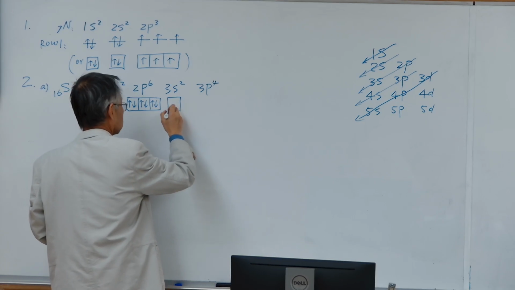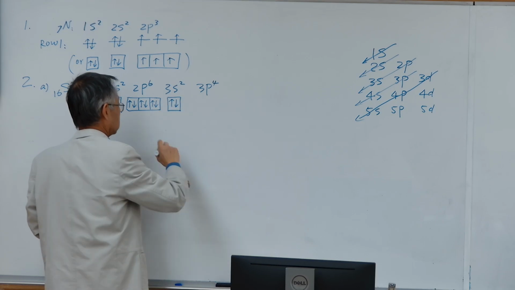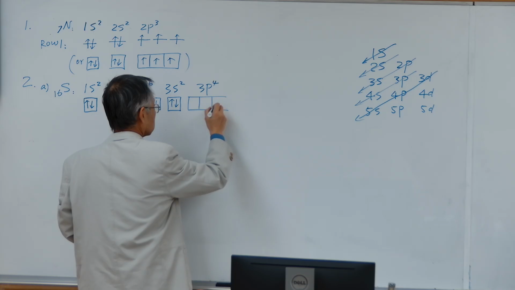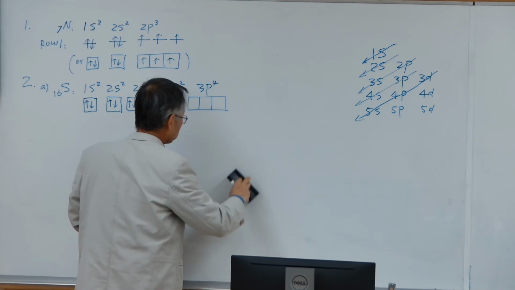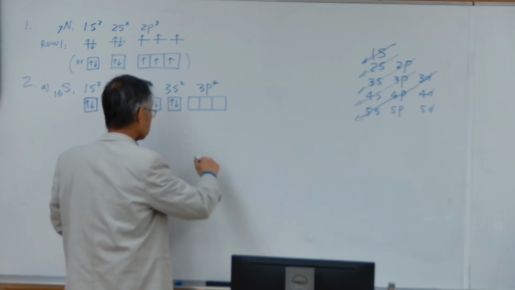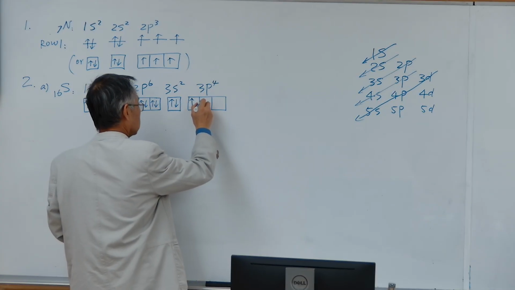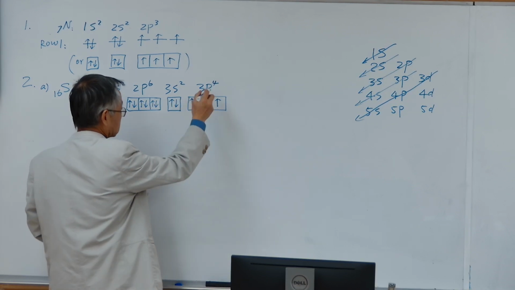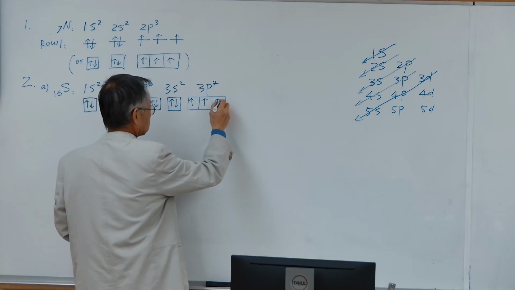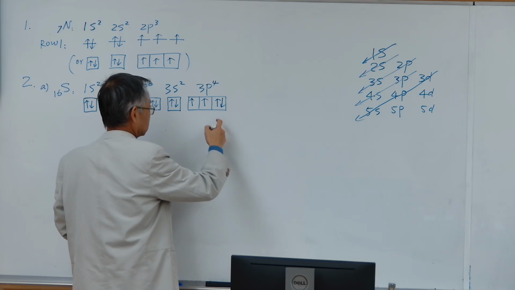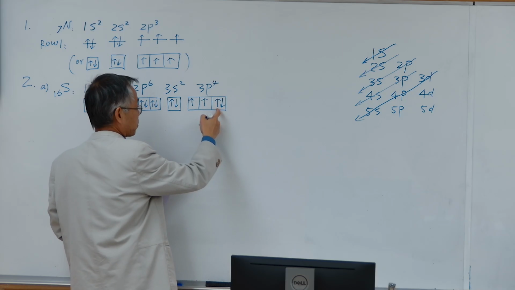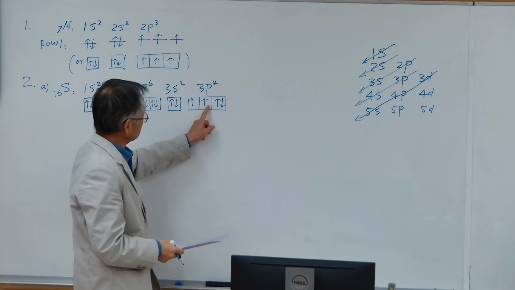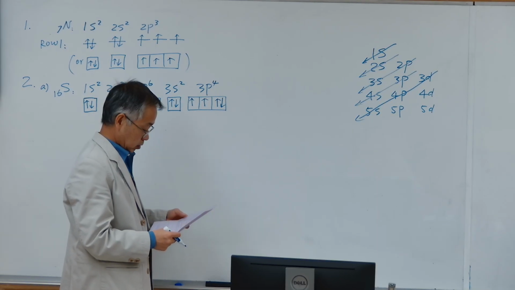Then 3s is 1 orbital, 2 electrons. 3p, 3 orbitals, 4 electrons. According to Hund's rule, fill in 1 electron first. Then the last one you can fill in any one of these 3, and that must be opposite spin direction. You can fill in the last one in this or this or this, all fine.